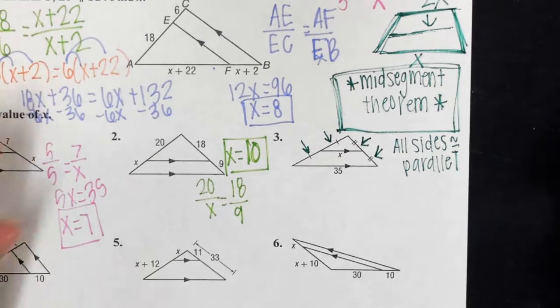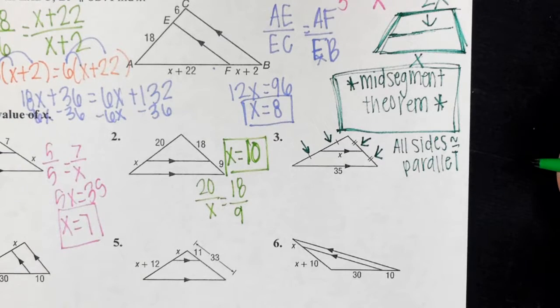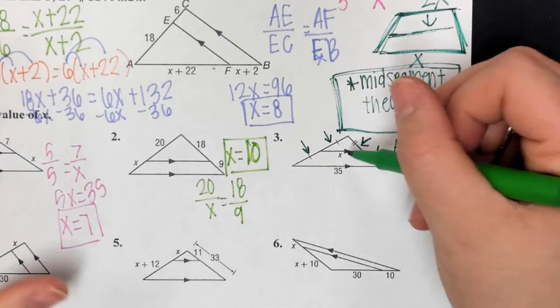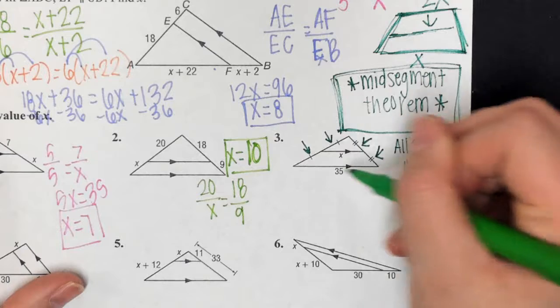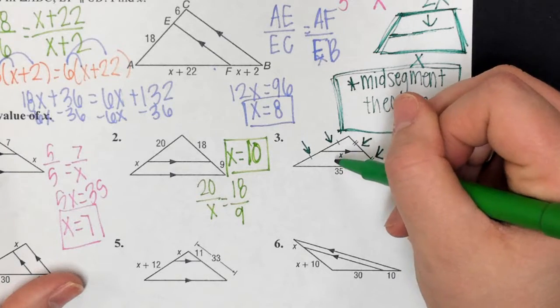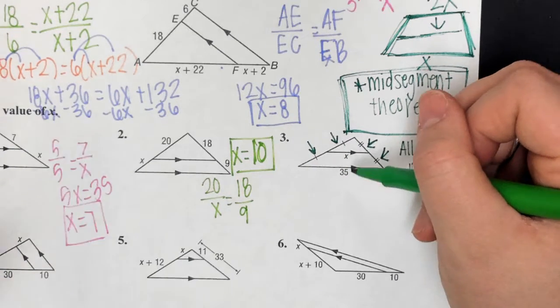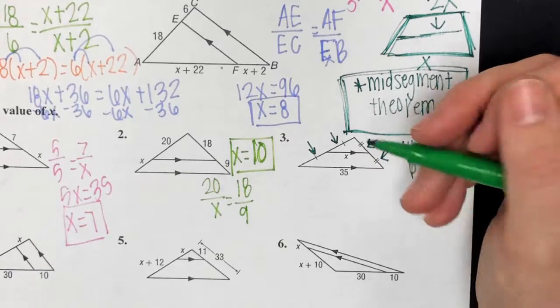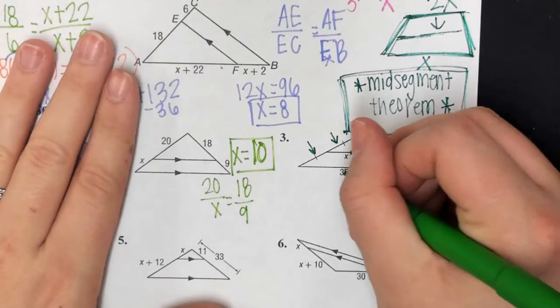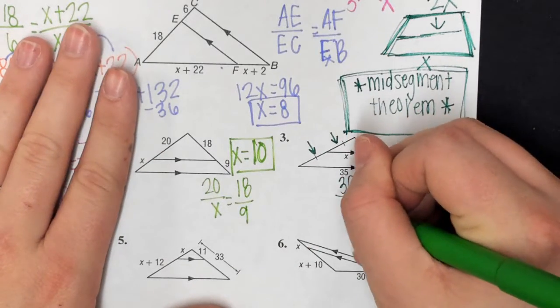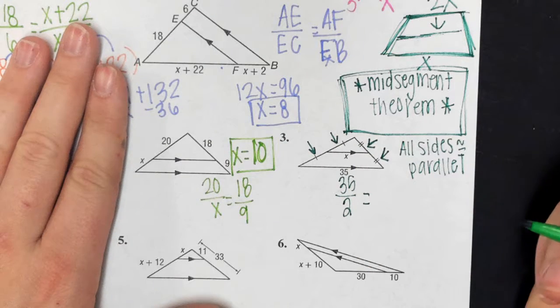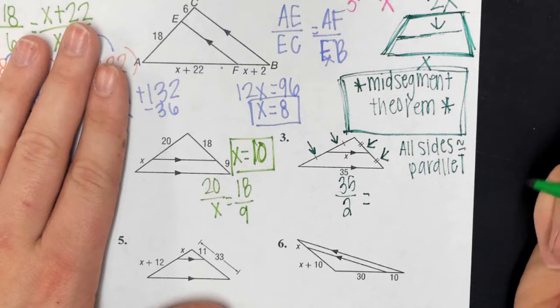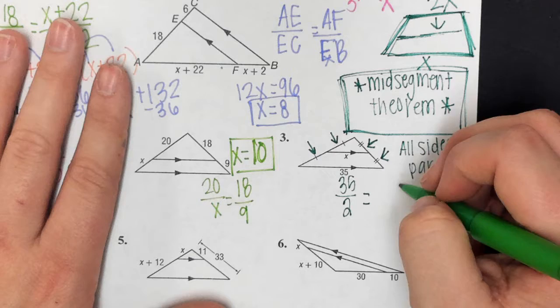If that is true, then whatever this bottom is, to find the middle, you just divide it by 2. So to find x, we take 35 and divide it by 2, which gives me 17.5.